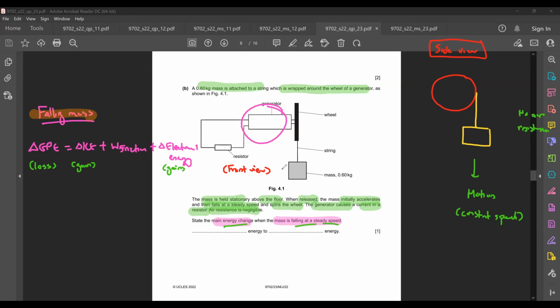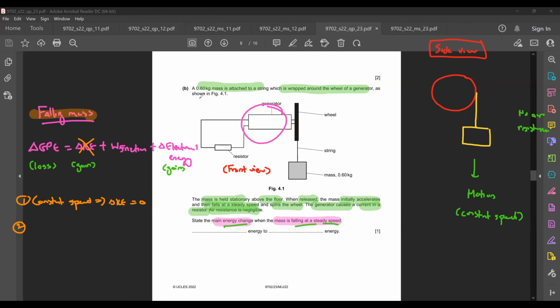So here there are a few things that will actually tell you some of these are not applicable. If you have constant speed, change in KE is actually 0. So this one is out. Okay.